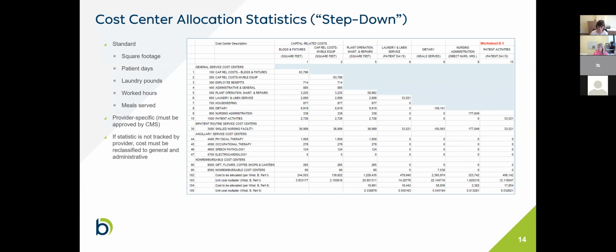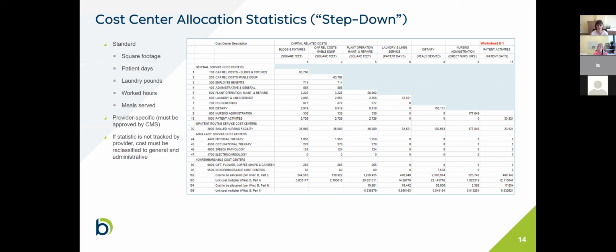Cost center. So we talked a little bit about another principle here with the Medicare cost report, which is they take your costs and they basically allocate the cost. So up in this top section in those general service cost centers, those are the cost centers that serve everybody in the facility.